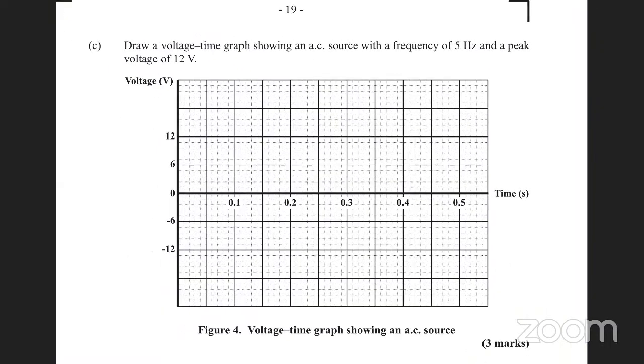Sketches, please. Do a quick sketch. They gave you the peak value. They gave you the frequency. What do you have to do with the frequency, Raj, in order to plot it?